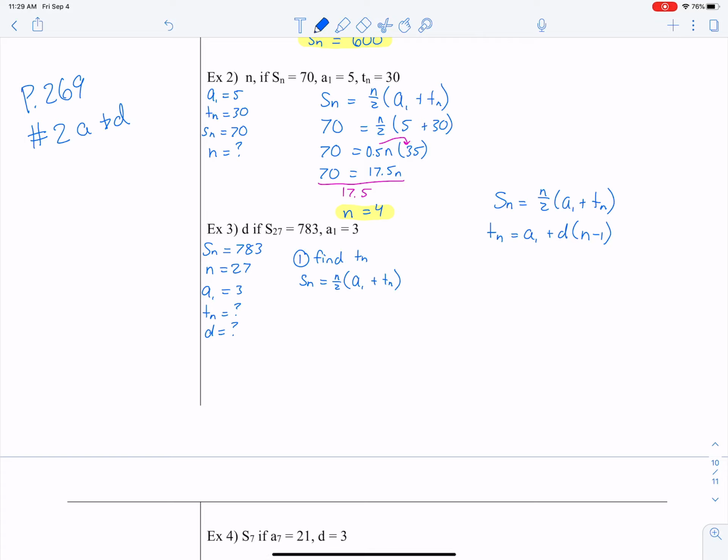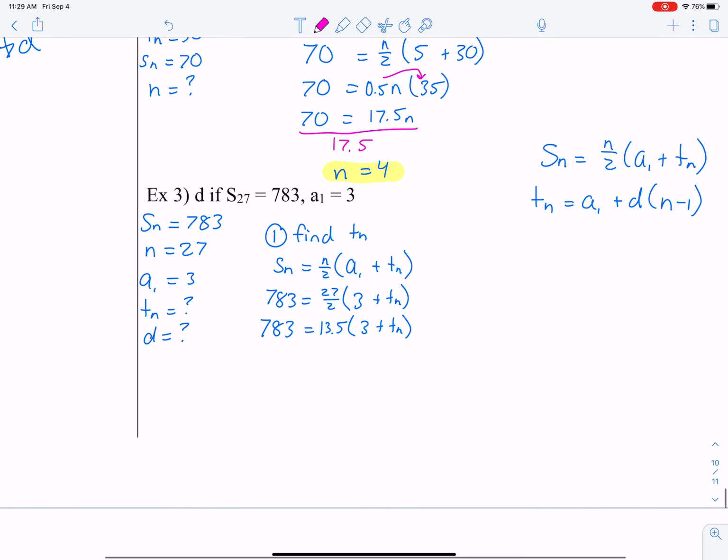Then we'll fill in the information we know. So we know Sn is 783. Our n is 27, and our A1 is 3, and then we don't know Tn. So we can simplify this. 783, I'm going to do 27 divided by 2, and I get 13.5 times (3 plus Tn).